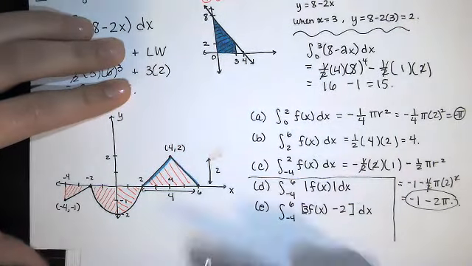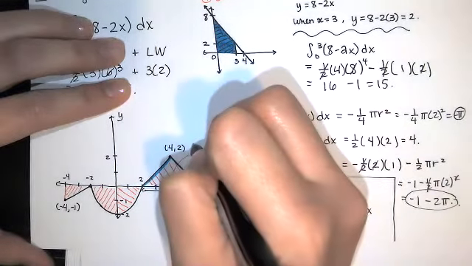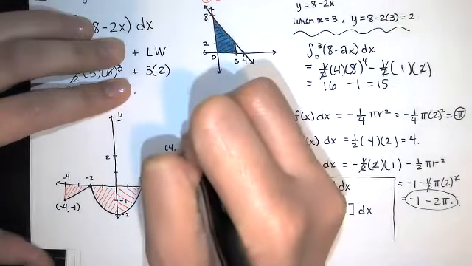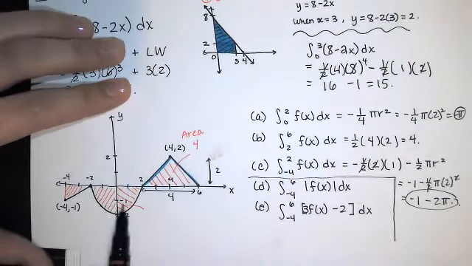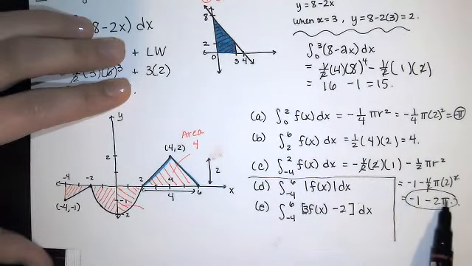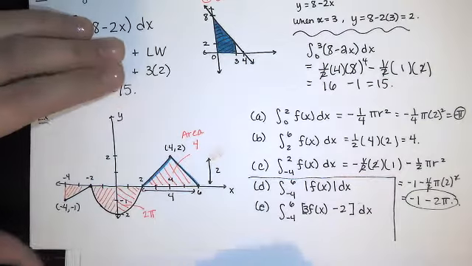And earlier we calculated this area, and we said that that area was 4. And we calculated this area, that was the area of a semicircle. It turned out to be 2 pi. That's this part and that part together.